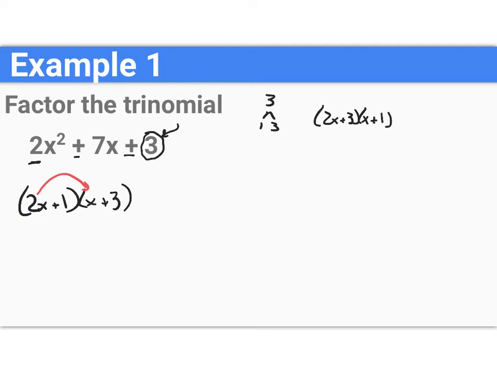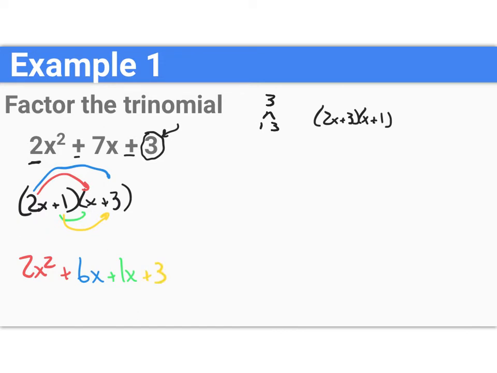So we're going to do our firsts, our outers, our inners, and our lasts. You get 2x squared, red is our first term, plus our next term, which is 6x, our green term, which is our outers, plus 1x, our inners, plus our last term, which is 3.